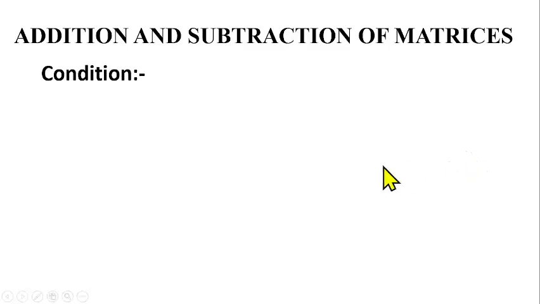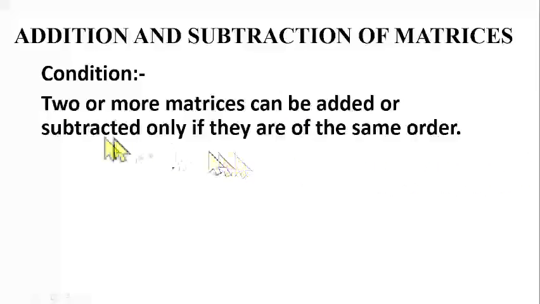The same condition is applicable to matrices as well. When you are adding them together, the condition that must be satisfied is that before you can add 2 or more matrices together or subtract them, they must be of the same order. Of course, we know the meaning of order by now.